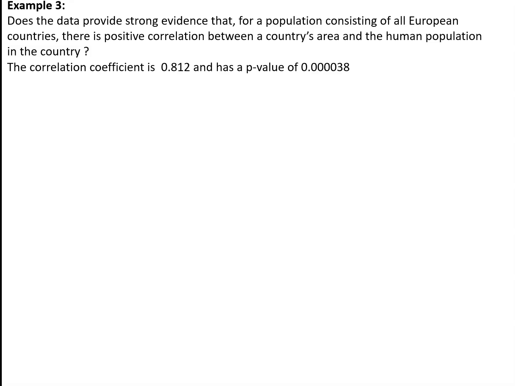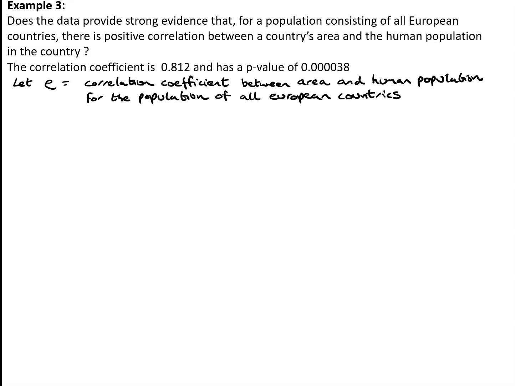So again, we need to define our variables. So we'll let ρ be the correlation coefficient between the area of a country and the human population of that country for the population consisting of all European countries. We now need to state the two hypotheses. The null hypothesis is that ρ is equal to 0.